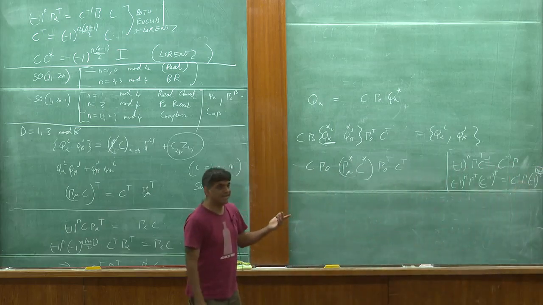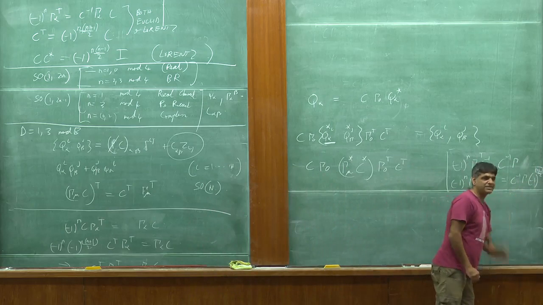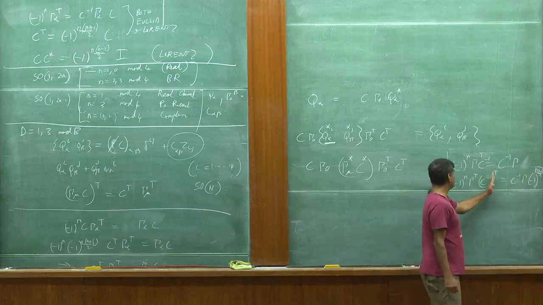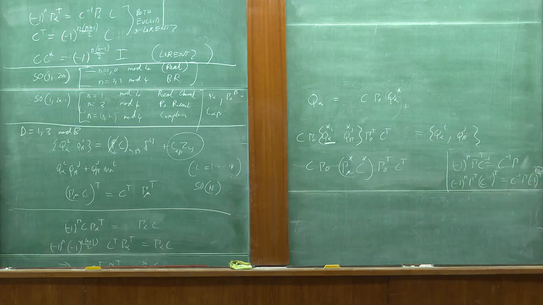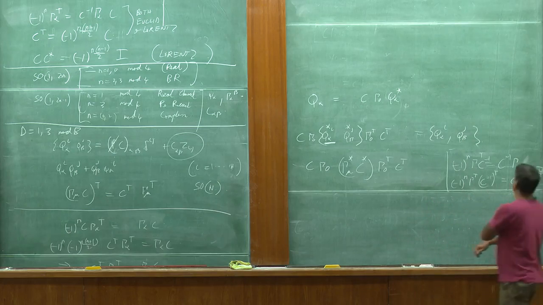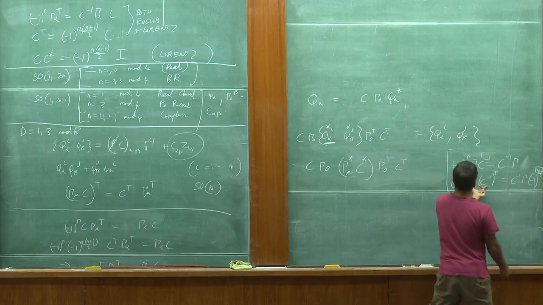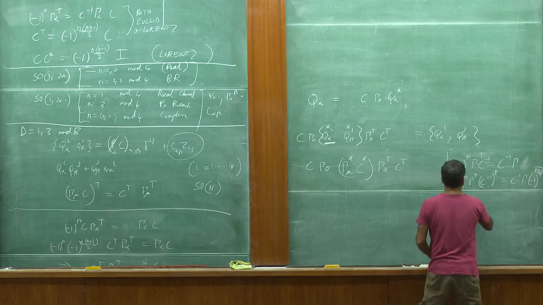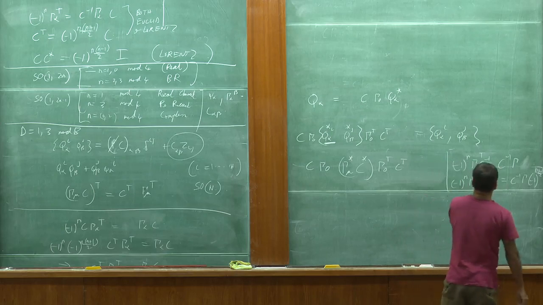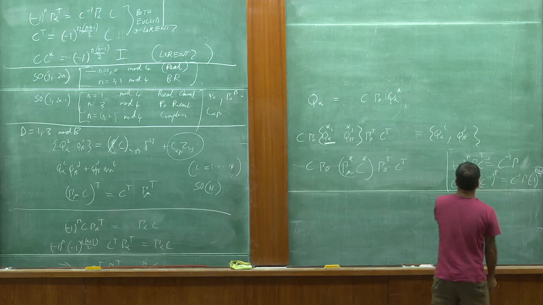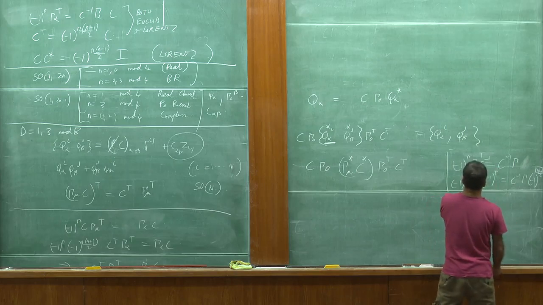I've just added a transpose at the expense of adding this extra phase. Because C and C inverse were proportional to each other, whether we took C or C inverse through didn't matter. So this object is the same as taking this through, and so this is equal to minus 1 to the power n.